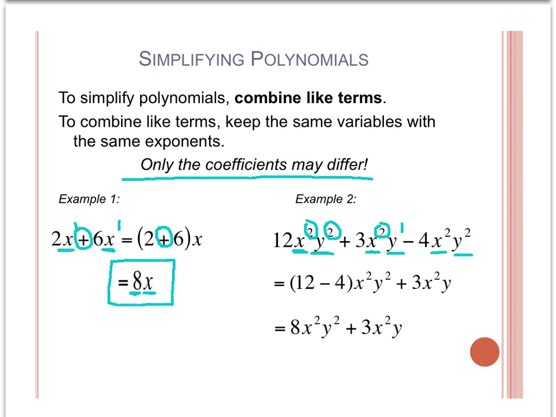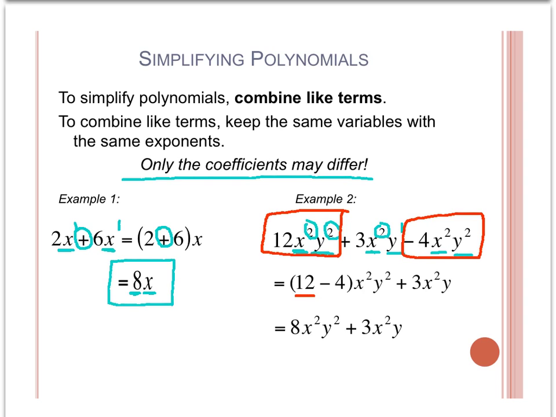So we know that this first term and the third term are like terms. So those are the ones we are going to be combining. So again, when you combine like terms, you combine the coefficients and keep the same like term, the variables part of it, the same.